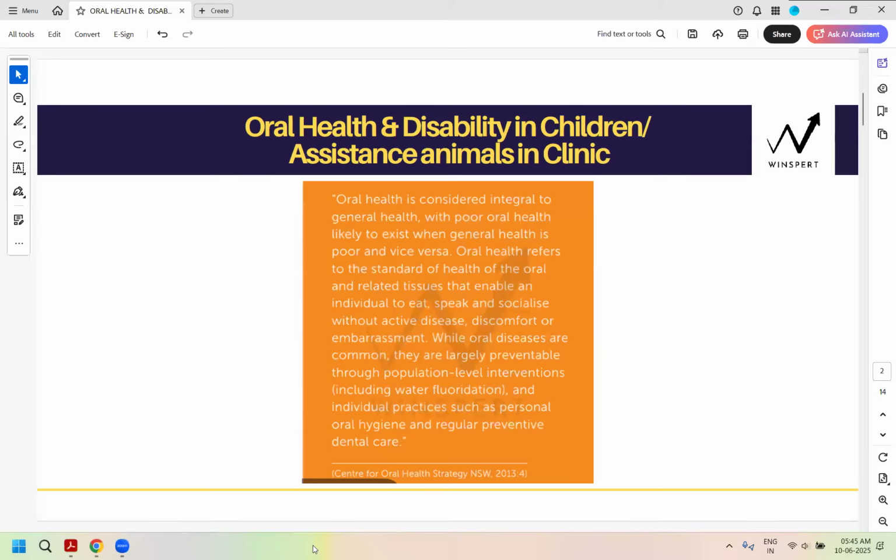So most of these patients who would have mild to moderate disabilities, you can successfully treat them in your clinic. There is no need to refer them to a specialist setting or hospital settings.